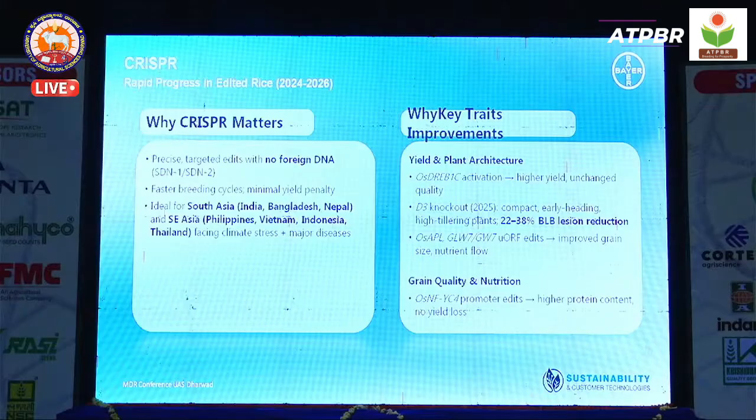Yield and plant architecture, higher yield, unchanged quality. D3 knockouts give 22 to 38% BLB lesion reduction, and also OsAPL, GLW7 edits improve the grain size and nutrient flow. Grain quality and nutrition is also improved.